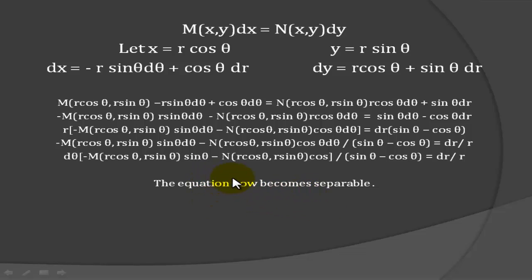And that's it. That's how you transform a homogeneous differential equation to a separable one by means of substituting x and y with polar coordinate equivalents.